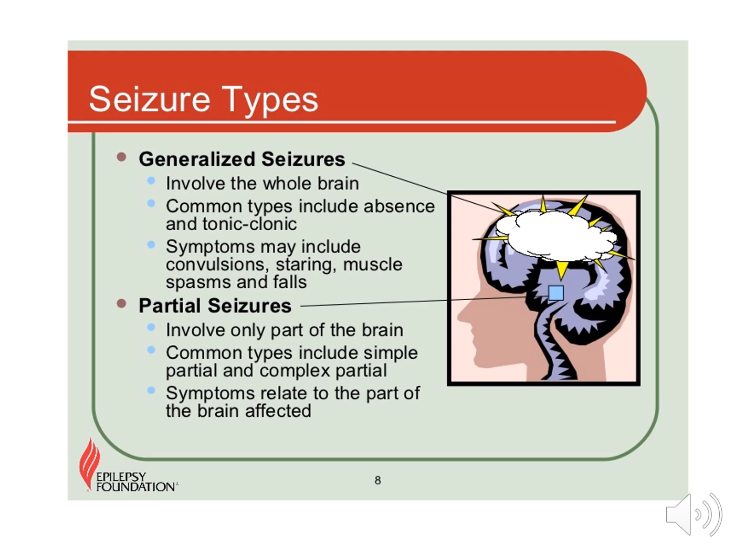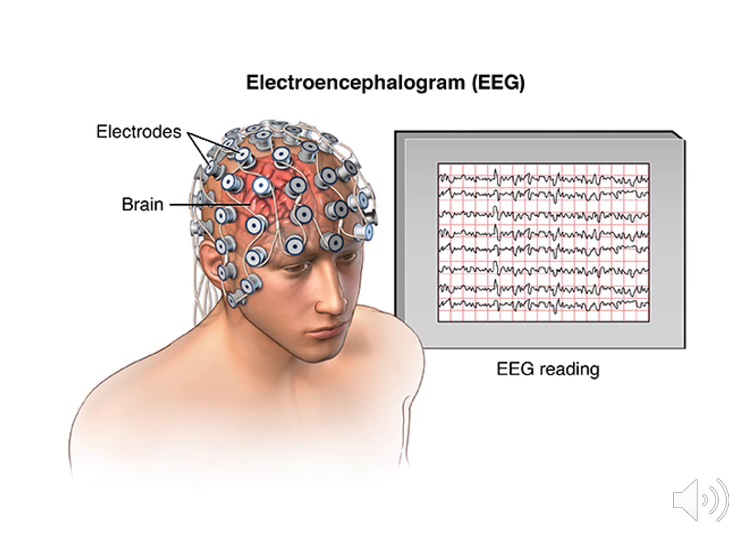Sometimes we actually have to hook somebody up to an EEG to find that out. So this is what it looks like when we do an EEG. You know, we put the little electrodes on their scalp and then we record their brainwave activity. And sometimes we admit patients to testing centers and hope to catch the activity of a seizure when it occurs so that we can tell whether it starts in one hemisphere or both hemispheres at the same time.